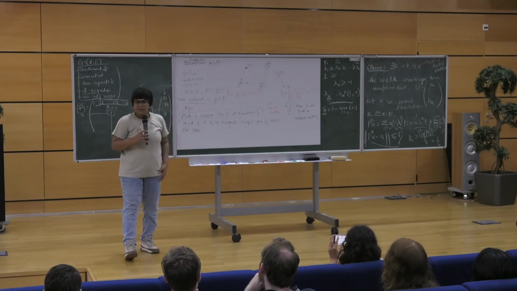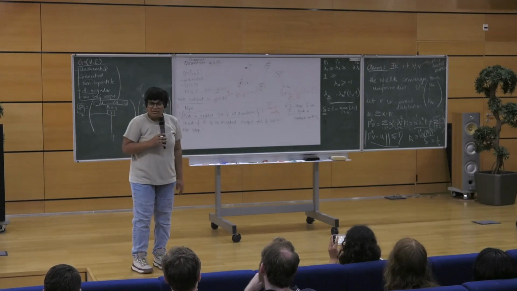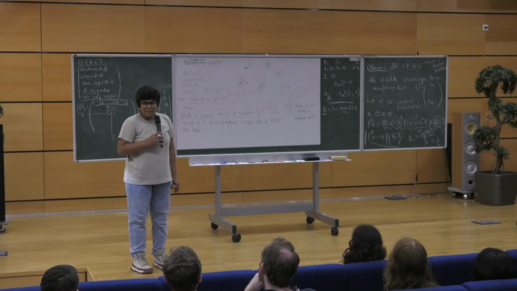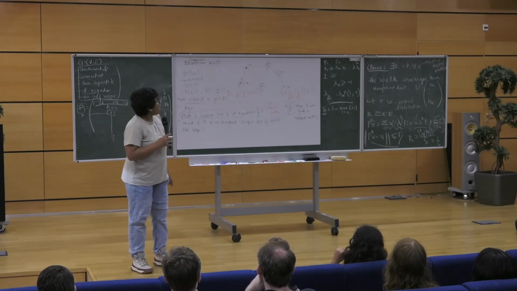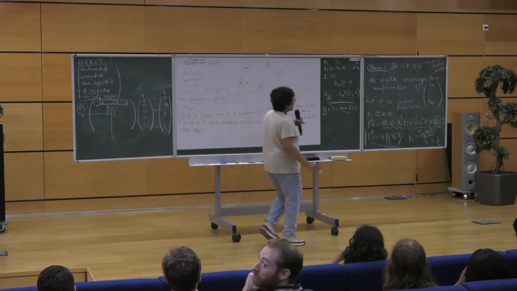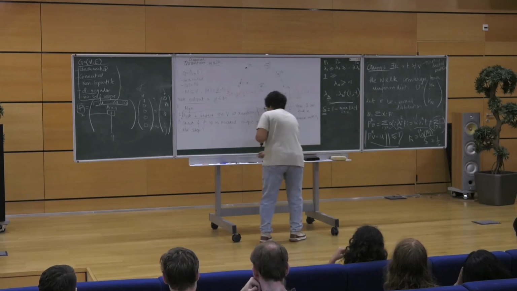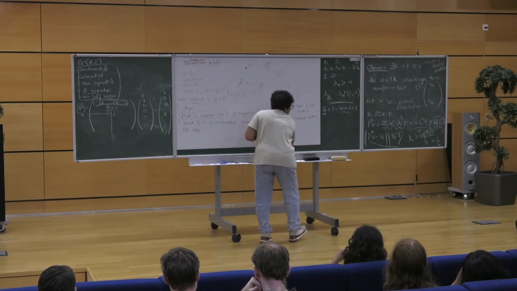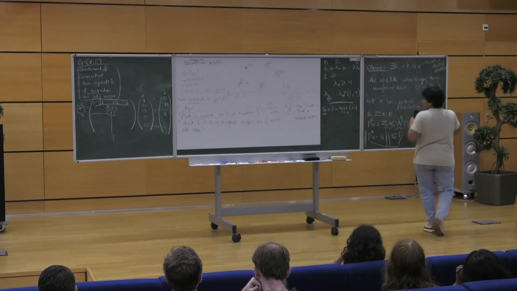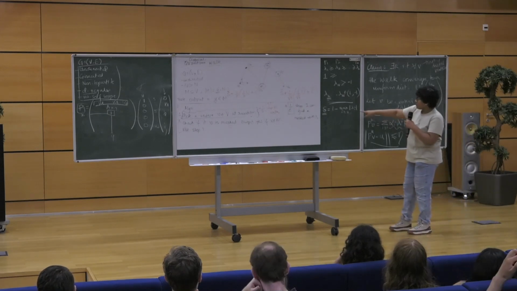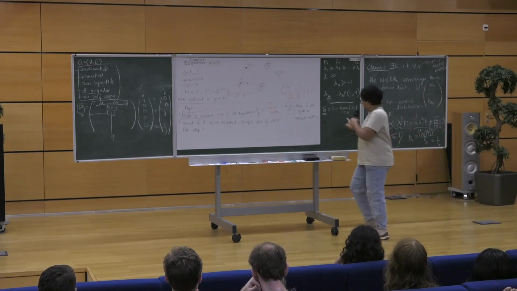There was a question. Is there an easy way to see why we get this logarithm of 1 over epsilon? Ah, because I did it very quickly. I did not do the calculation there. I can give you an easy way to see. What do you have here?